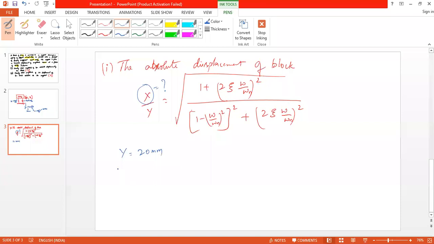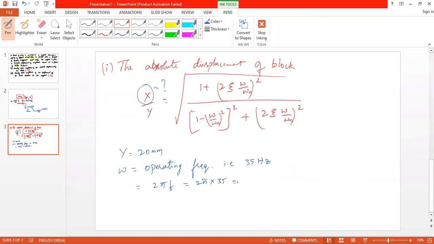Okay, and what is omega? Omega is the operating frequency, and that is given as 35 Hz. But I need this in terms of radians per second, that is equal to 2 pi into f. So that is equal to 2 pi into 35.